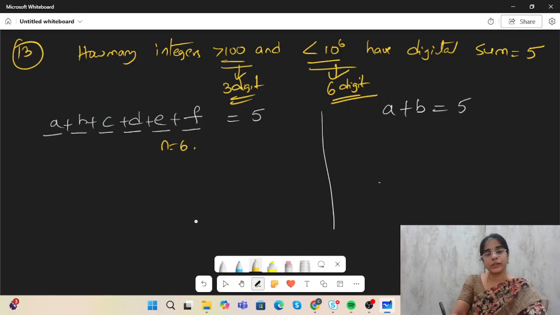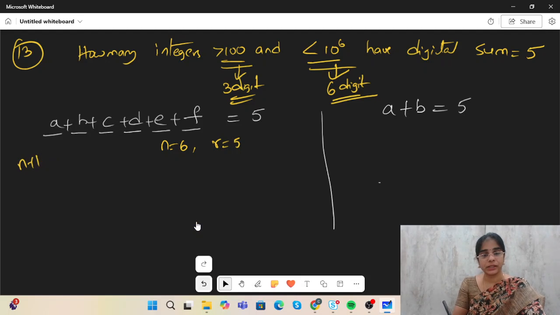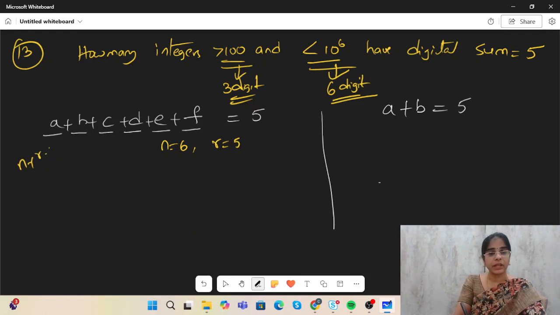Right, n equal to 6, r equal to 5. So applying n plus r minus 1 C r. 6 plus 5, 11, 11 minus 1, that is 10. That is 10 C 5.